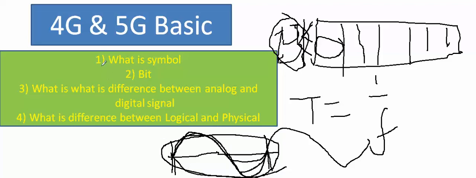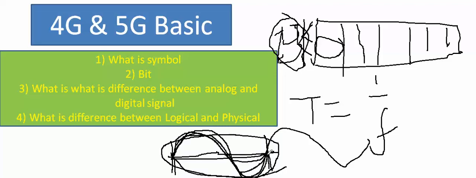So right now you can understand what a symbol is. For any signal and frequency, like here 15 kilohertz, if the frequency is radiated, the question is how much time it takes to travel one cycle.